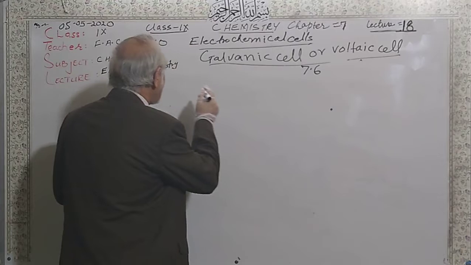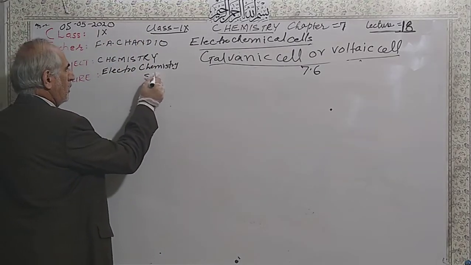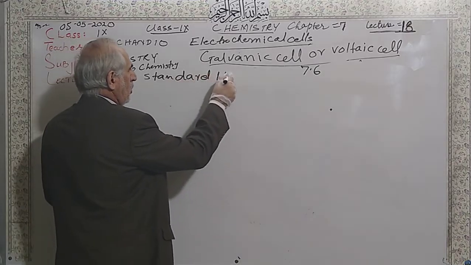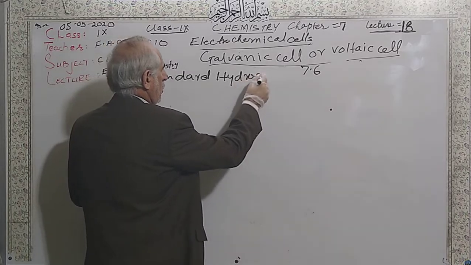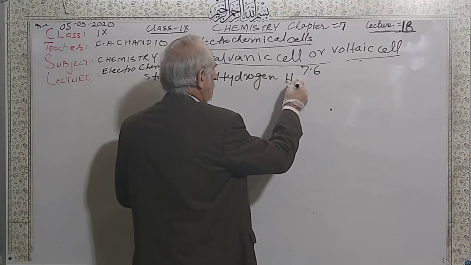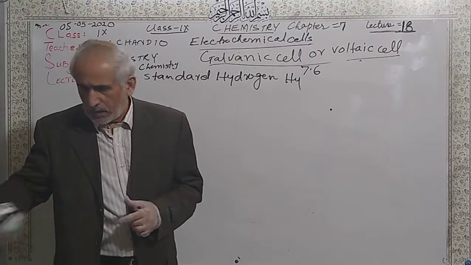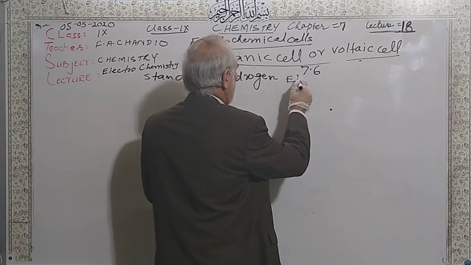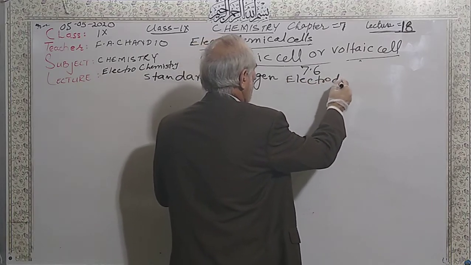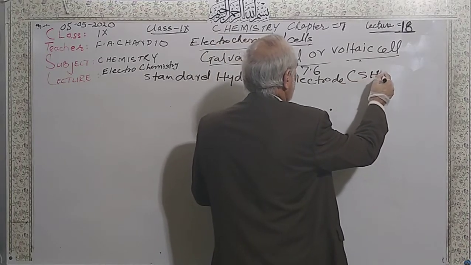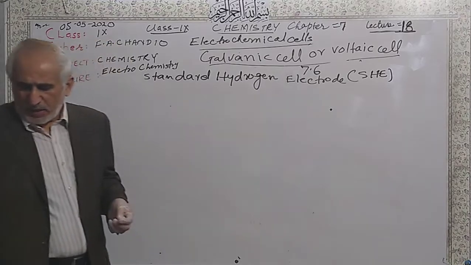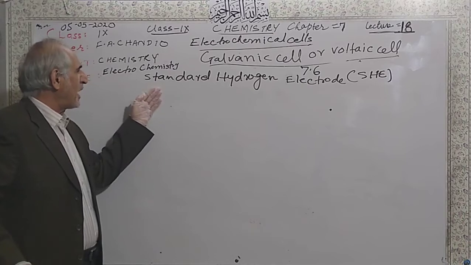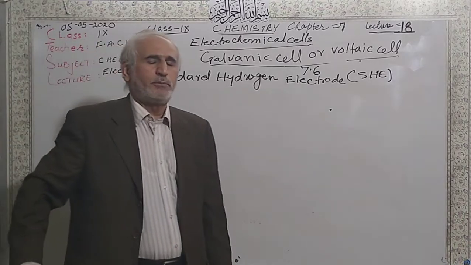The name of this cell is standard hydrogen electrode. The name of this cell, which is a galvanic cell again, a voltaic cell again, is especially the standard hydrogen electrode.